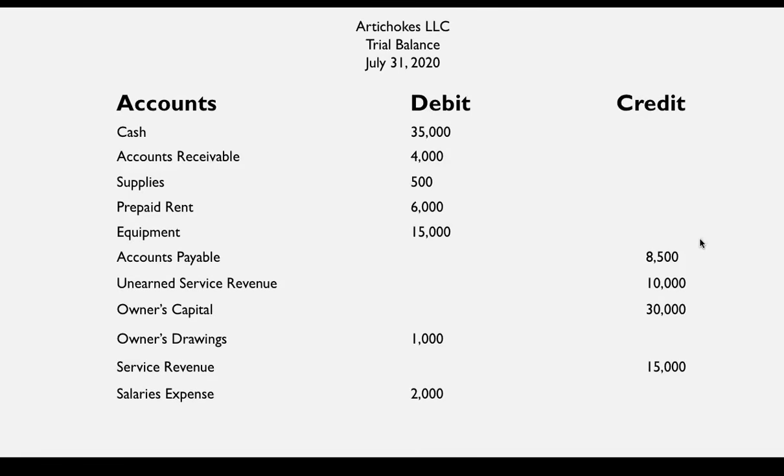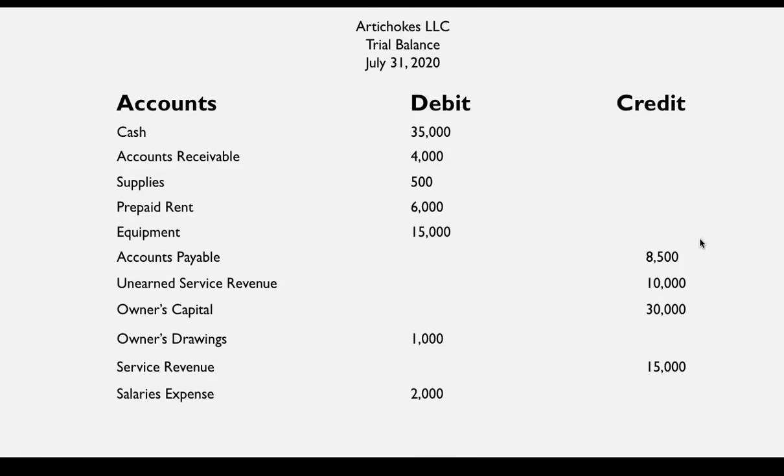So we're almost done with the trial balance. There's one more step that we need to do. We need to make sure that all of our debits, when you add them all up, equals the sum of all of our credits.